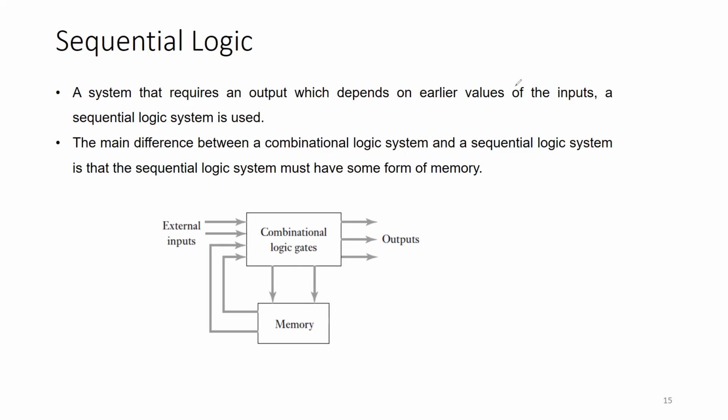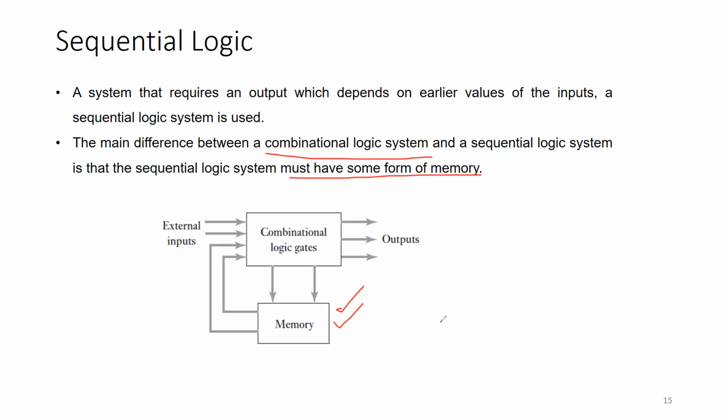So one thing to notice and to remember is that it will always have a memory. The sequential control system will definitely have some form of memory to store the combinational logic, that is, when to trigger which combination. So there should be a memory to store that data.